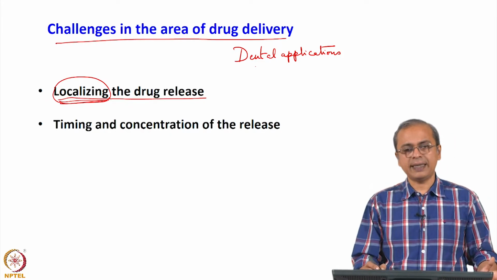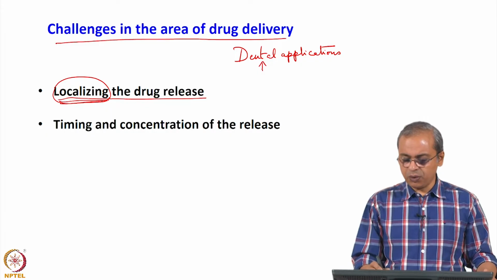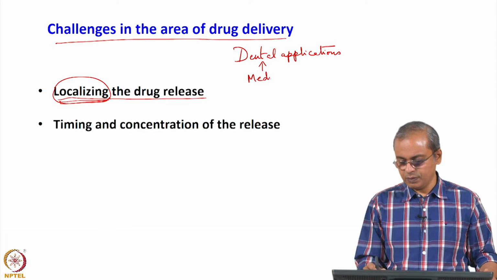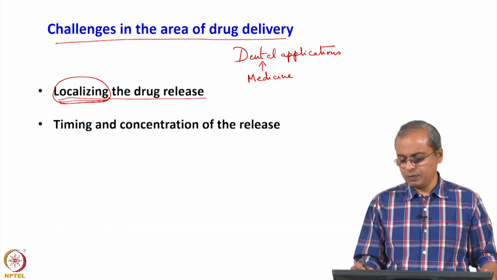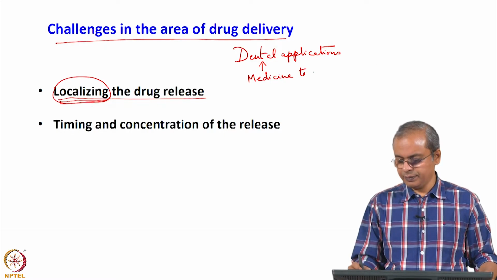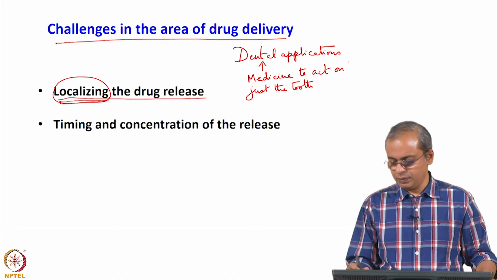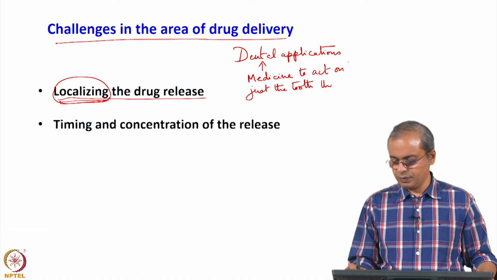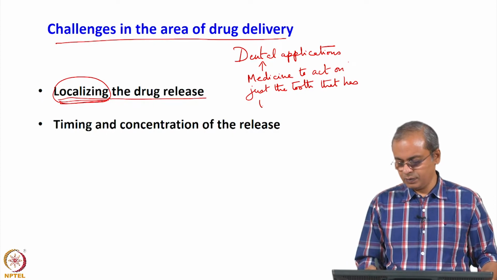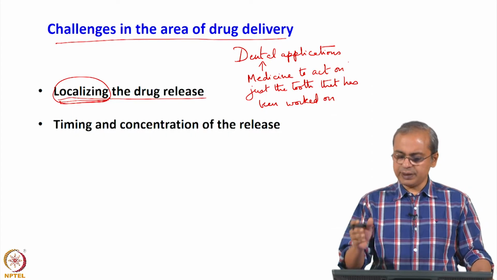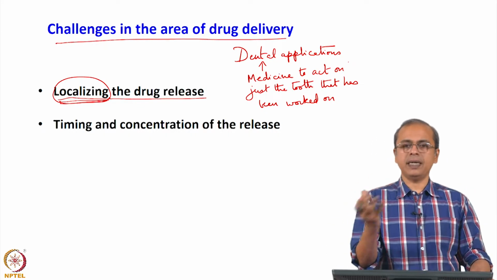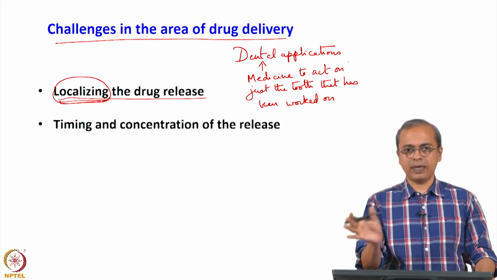So, they do not even want it acting on all the rest of the teeth. So, the medicine should act only on that tooth, and maybe the neighboring 1 or 2 teeth, because there may be some pain on either side, etc.